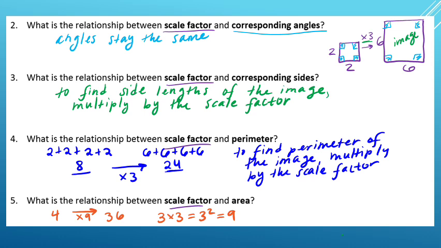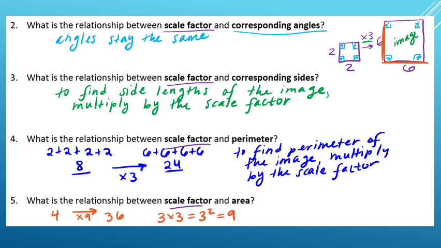So when it comes to area, I have to kind of expand both directions for the scale factor. So when I'm changing my side lengths, right, I'm multiplying by 3 on one side, but also on the other side. And so with area, it's expanding in 2 different directions since it's including those square units that fit inside.